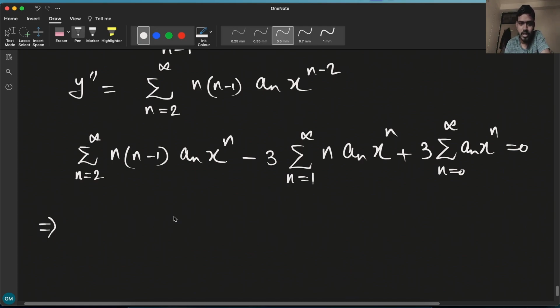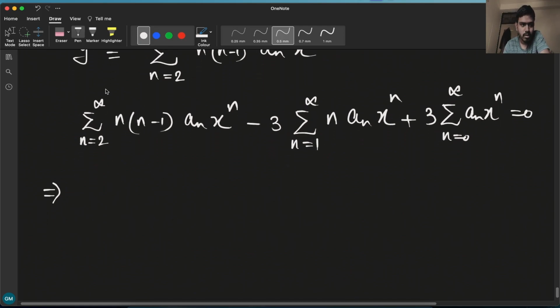Good. What we have now is basically this series starts from n equals 2, this starts from n equals 1, and this starts from n equals 0, right?